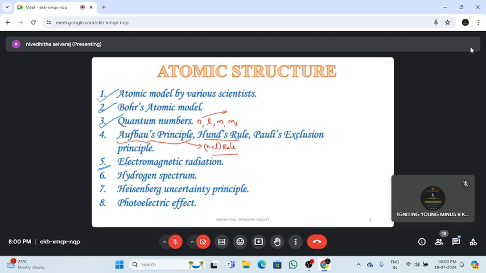What are all the wave parameters you studied in electromagnetic radiation? Energy, wavelength, frequency, wave number, time period, right? These are the wave parameters you should have studied, and you also have to know the relationship between all those parameters.